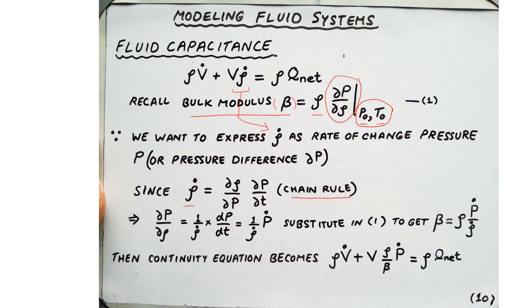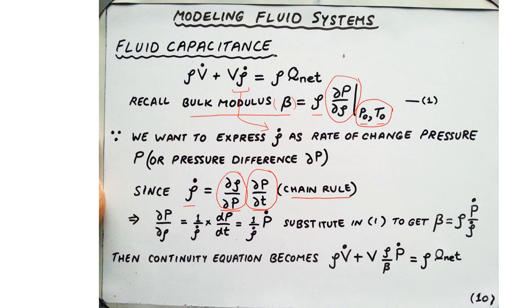The time rate of change of density is essentially the change of density with respect to the pressure and then the rate of change of pressure. So by means of chain rule, we can express rho dot as partial rho divided by partial p, times partial p divided by partial t.